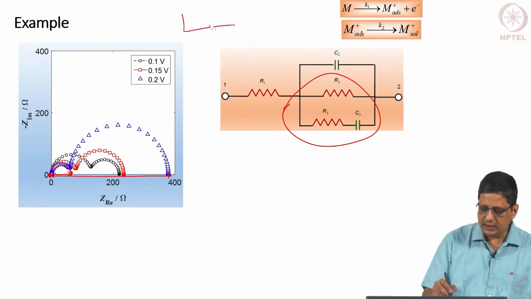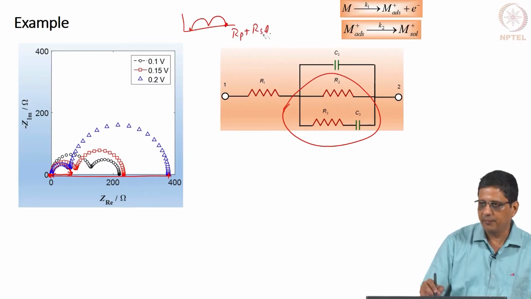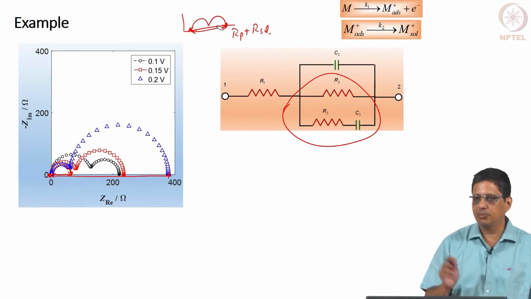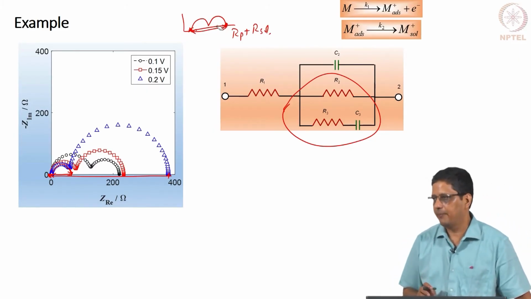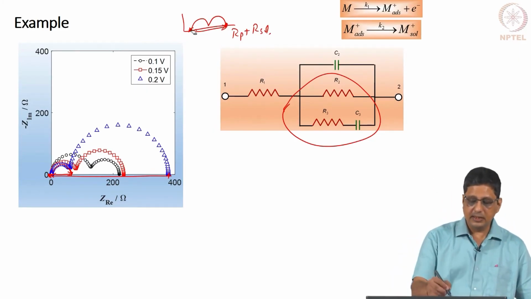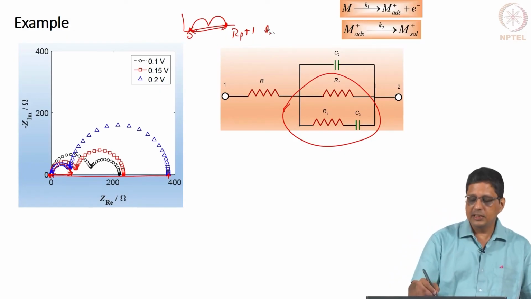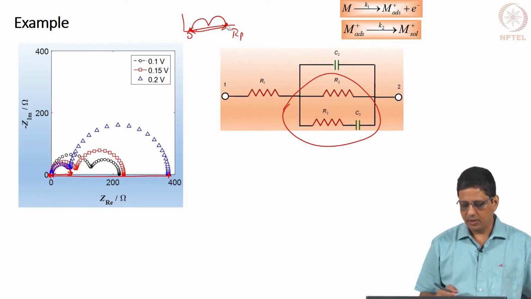If instead of this it is shifted like this, I can't call this the polarization resistance, this is Rp plus R solution, this is R solution. The impedance between these 2 points tells the polarization resistance. Now, here because this point is 0, I can simplify it and say this is Rp.